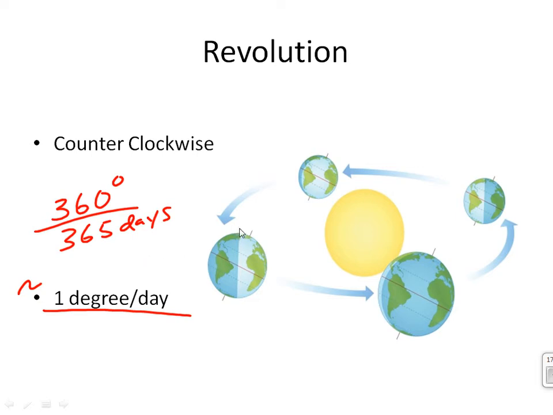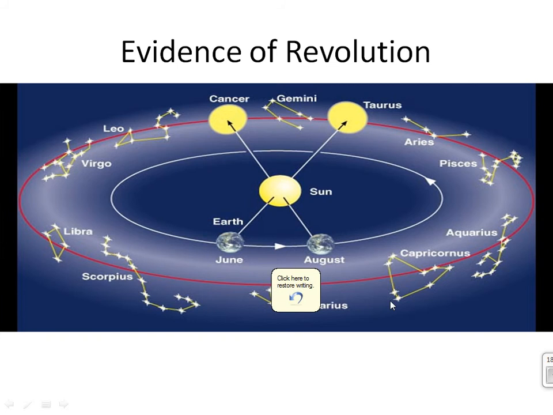Okay, how do we know that the Earth revolves? Several lines of evidence, some of which we've talked about before. This first one, of course, we have talked about, right? We know as we look up into the sky, we see constellations or various patterns of stars, but as we progress through the year and as we move from season to season, month to month, those patterns change.